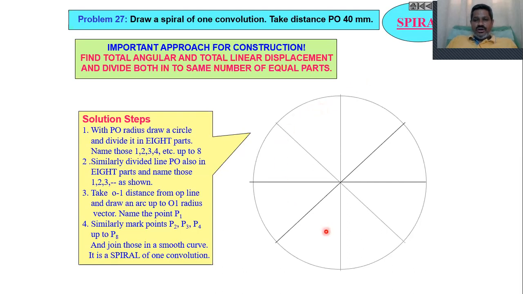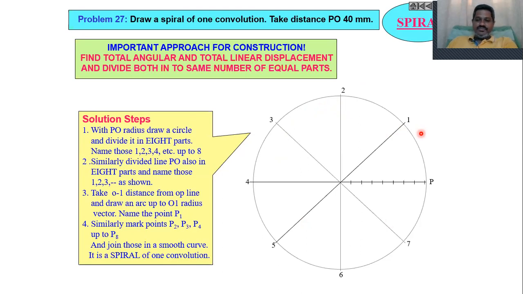After drawing a circle with that radius, divide the circle into a convenient equal number of divisions. In this case, I'm dividing the circle into 8 equal divisions. I'm naming all those divisions 1 to 8 in the anti-clockwise direction, as you can see in this figure.